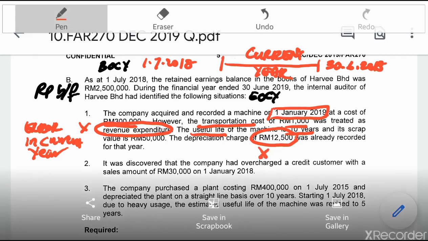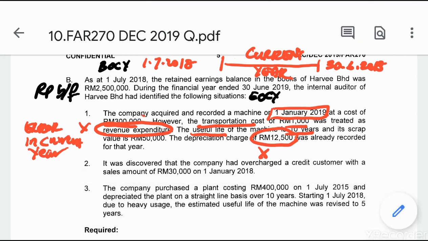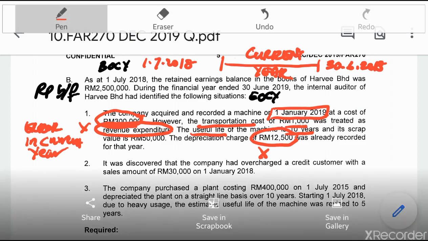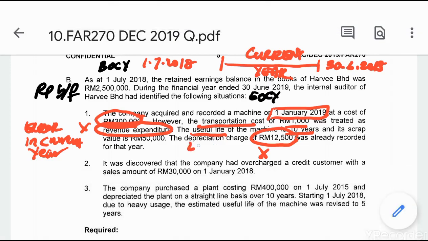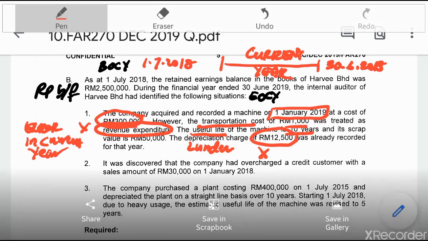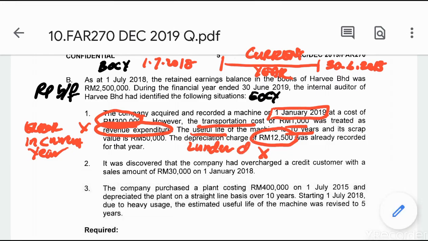Because you have understated the depreciation, since you may have calculated it based on the initial cost of 300,000, whereas you should have added the transportation cost of 1,000 to the 300,000. So the other error here is that the depreciation was undercharged.